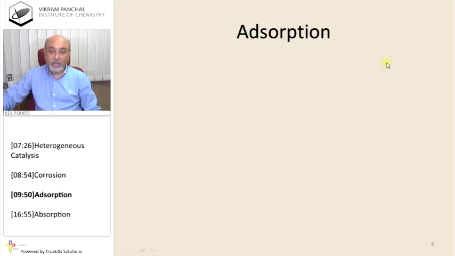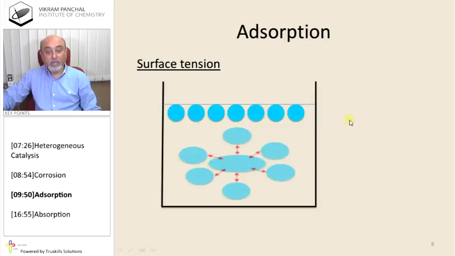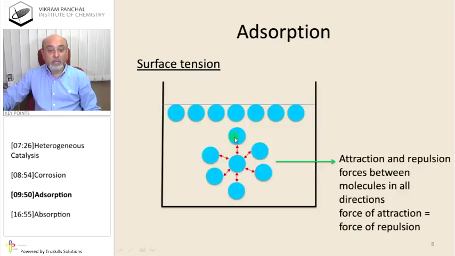Adsorption. Well, it is not a spelling mistake. Adsorption is one of the important words used in science. And first of all, we should understand what surface tension is. Well, if you take any liquid, maybe water, then the water molecule or liquid molecule which is inside is surrounded by other same liquid molecules.